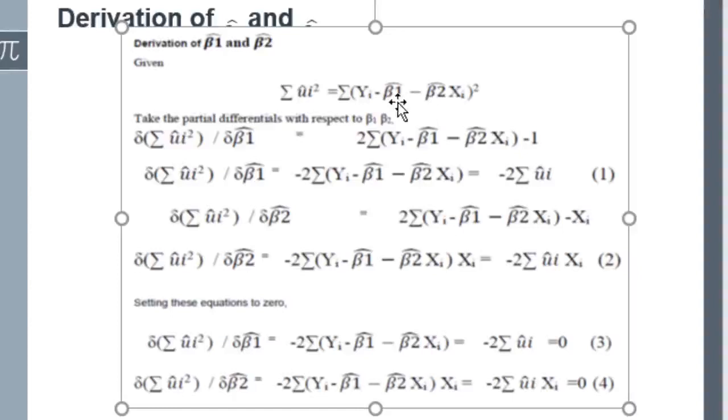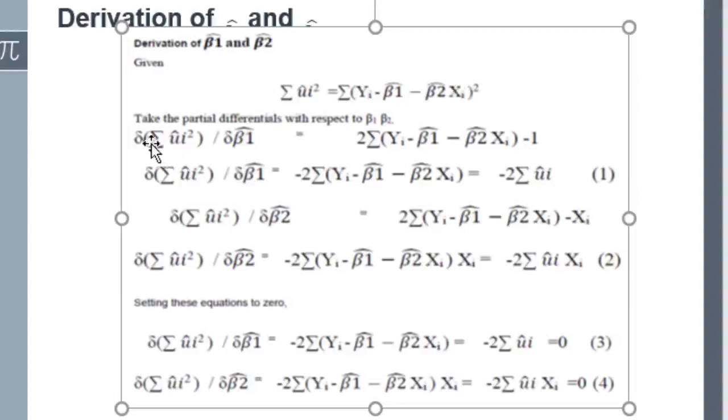For that, take the partial differential of this function with respect to beta 1 and beta 2. This is a function with two parameters to be estimated.